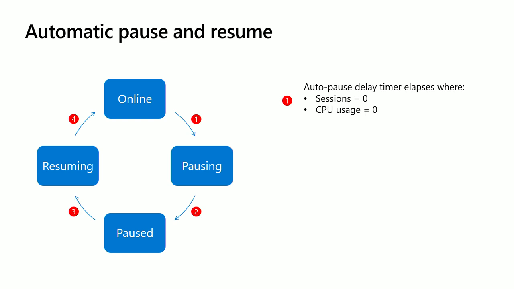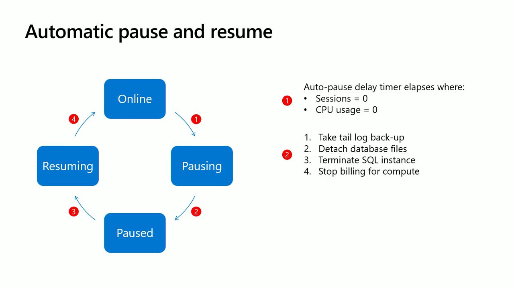Once the time elapses to the 60 minutes, which is the one I specified, we enter what's called the pausing state. During the pausing state, we take a tail log backup of the database, detach the database from the compute, and then stop billing for the compute.